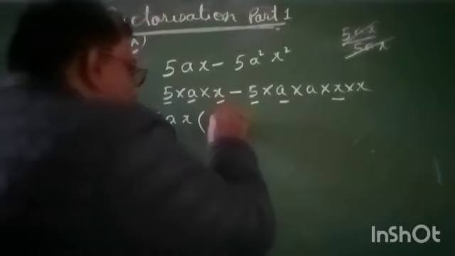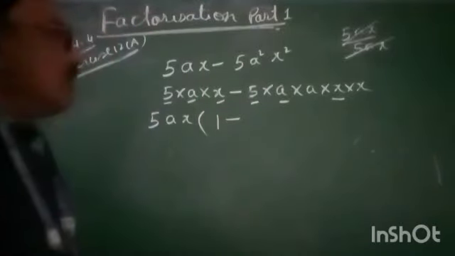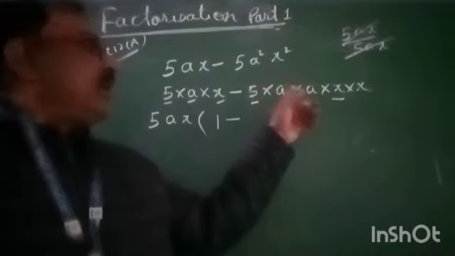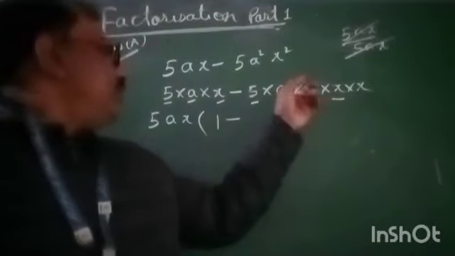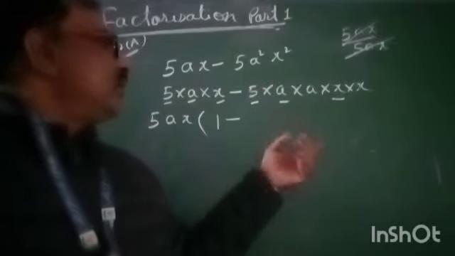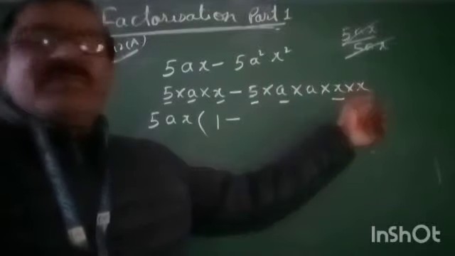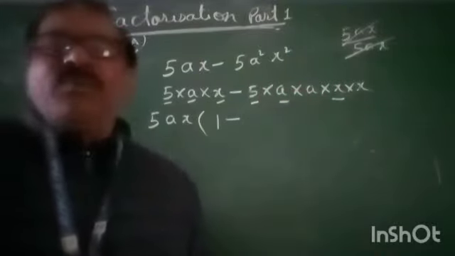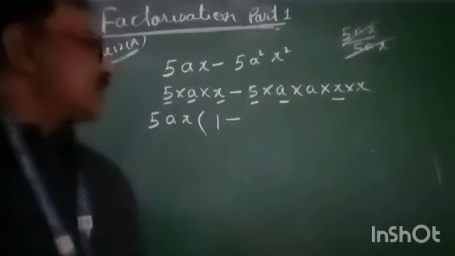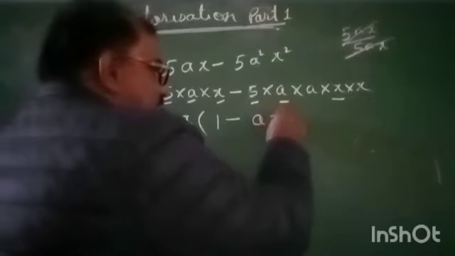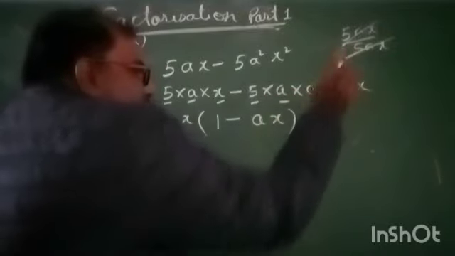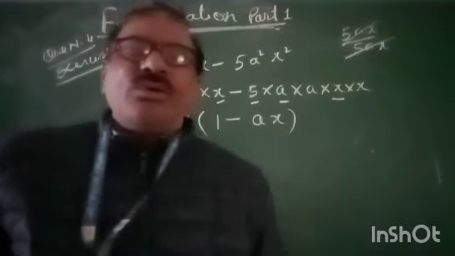Now when you divide 5a square x square by 5ax, we get only ax, because 5ax will be cancelled by 5ax, then we get a multiplied by x, that is ax.